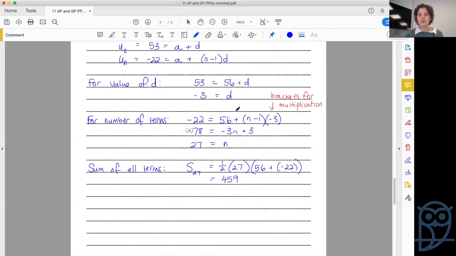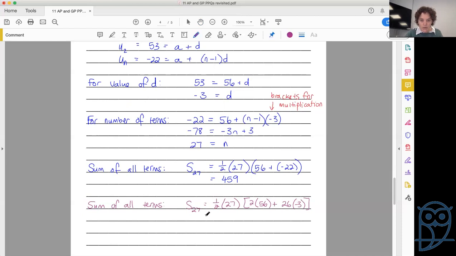So just to prove my point, as it's fun to do that sometimes, if we had done it the other way around, we would have had S27 equals 1/2 27 times 2a, so 2 times 56, plus n minus 1 is 26 times d is minus 3.